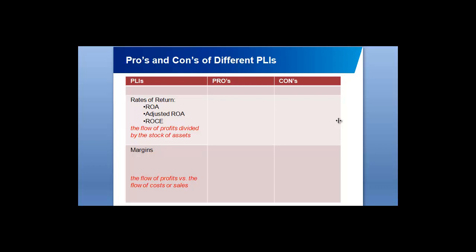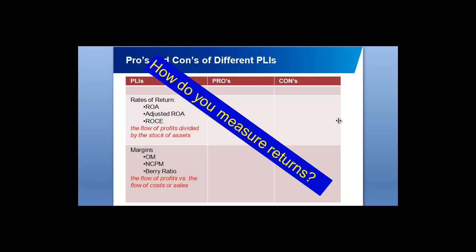Margin-based PLIs can include operating margin, net cost plus margin, the Berry ratio, gross profit divided by operating expenses, and other margins. With so many PLIs to choose from, what is a transfer pricing practitioner to do?